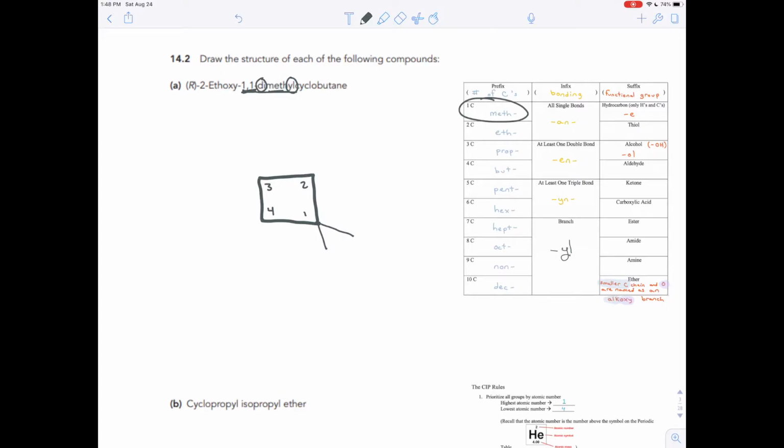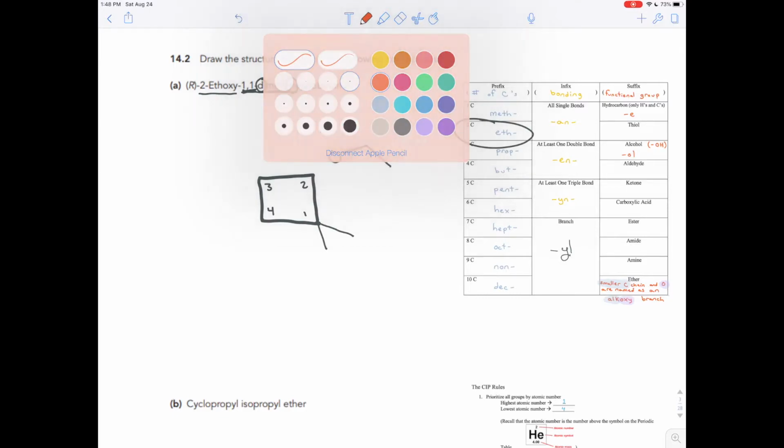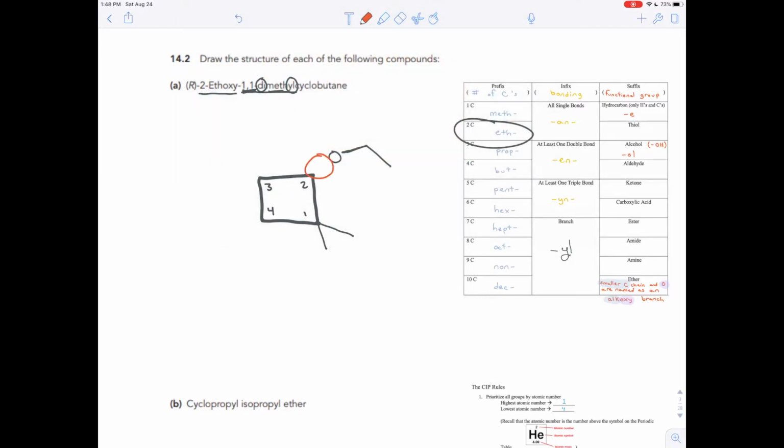Then off of carbon number 2, we're going to have an ethoxy group. Now the oxy is telling you that you have an oxygen, and the eth is telling you that you have, on the other side of that oxygen, 2 carbons. So that ethoxy group is going to be connected to carbon 2, connected with a bond right here.